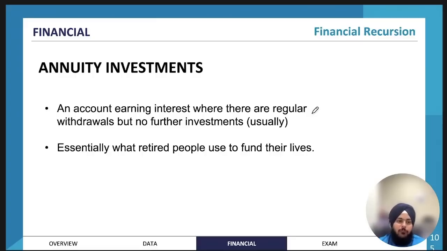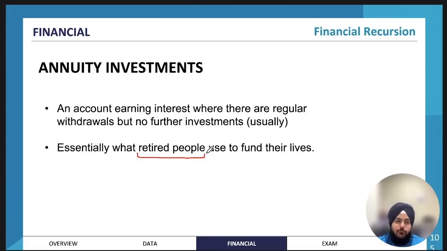To give a scenario, let's just say after you retire, you have a big sum of superannuation. You might invest that into an annuity investment, and then over time, you're going to get payments from that annuity.